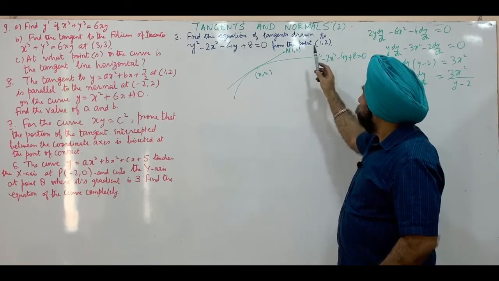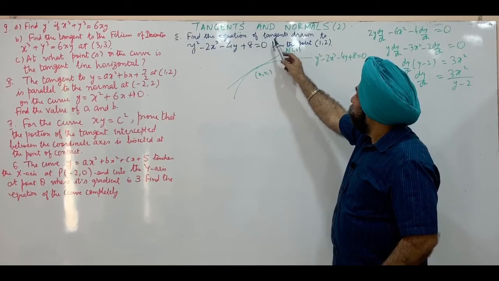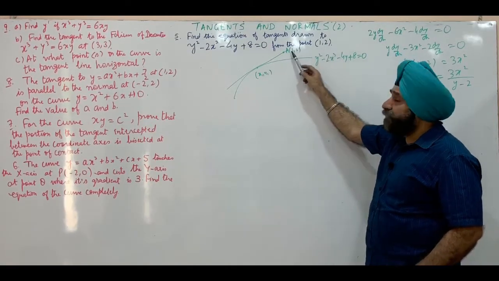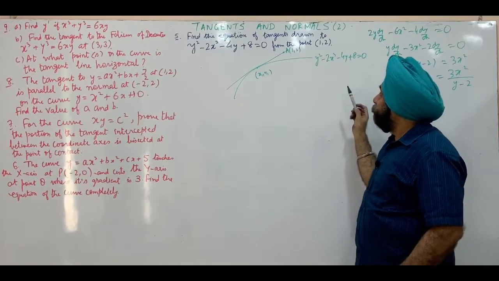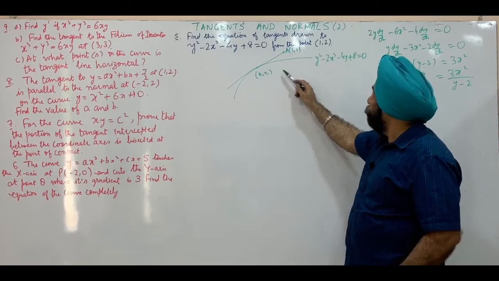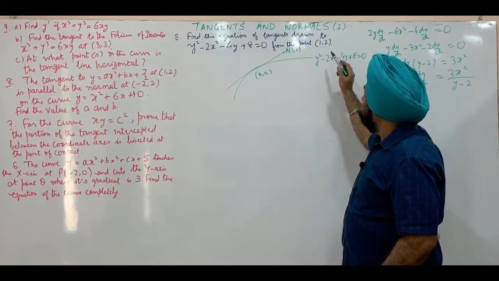So we can see from the language that we have to write equation of tangent drawn to the curve from the point. This must be outside the curve. Had it been at point, then it means it's a point on curve. We can verify this also.